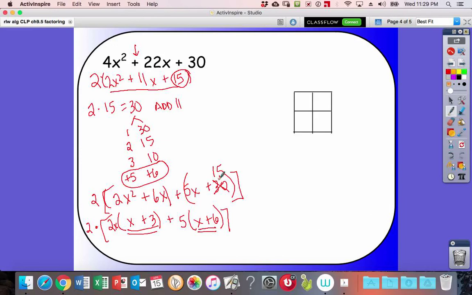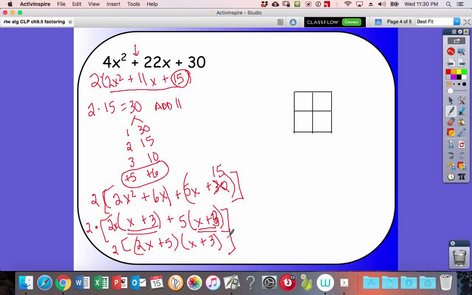This is actually a 15. So if I take out a 5, this would be a 3. Now they're the same, and I can say I'm going to take my greatest common factor from the very beginning, 2x plus 5 times x plus 3.